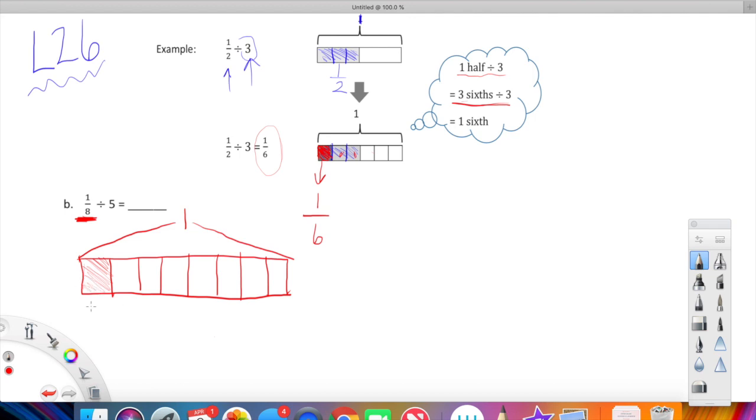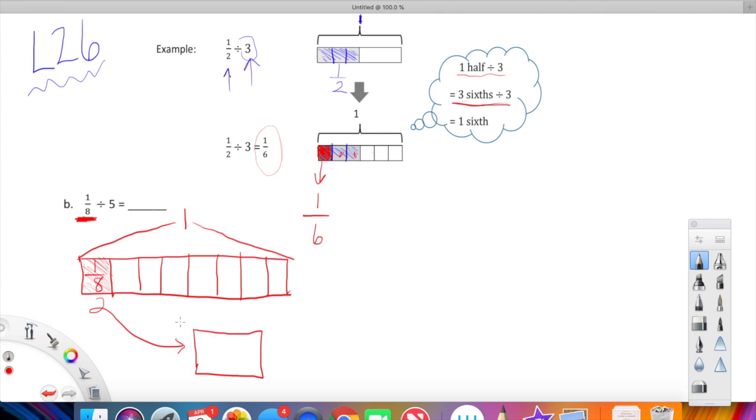I shaded that 1/8 in very lightly, but now I'm recognizing that it's not light enough. So I'm going to zoom in. I'm going to draw my 1/8 in larger. So this is 1/8, but I need it larger. So by the power of math, I've detached it, and now poof, here it is.